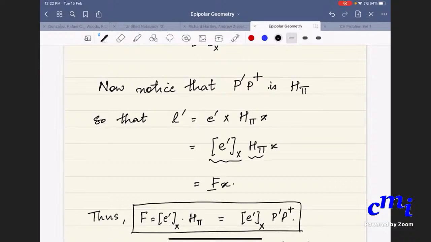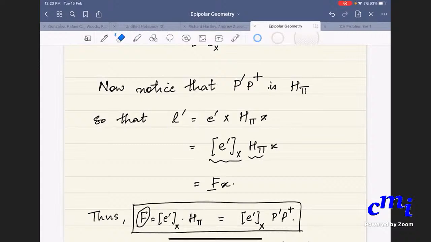For the second problem that I was talking about, where you are given point correspondences between two images and want to come up with the camera configurations, which means P and P prime, as well as in the scene reconstruction situation, the question comes down to computing this F.